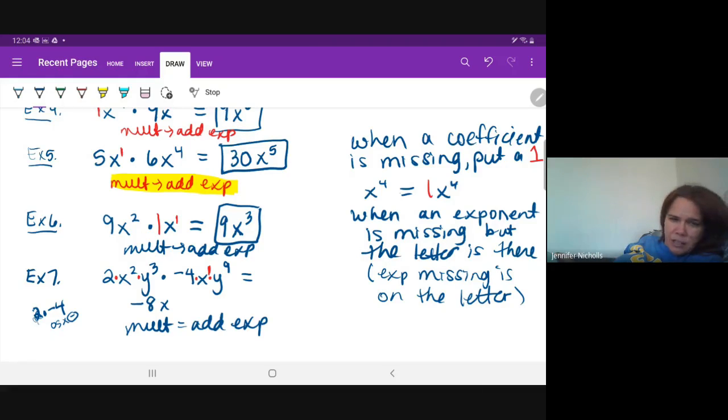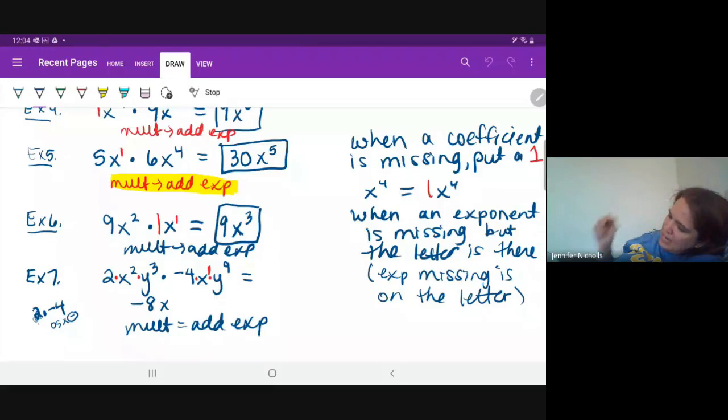Okay, so how many x's do you have altogether? Not how many x's, but when you add the exponents, what's your exponent on the x? No, not 6. Good try.